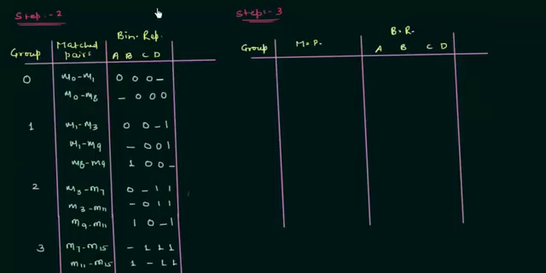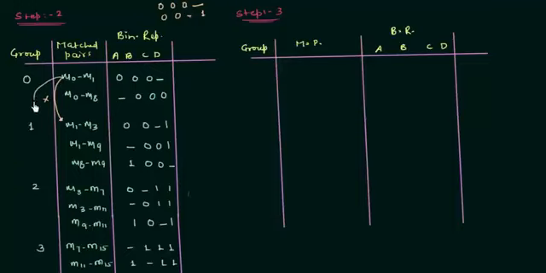M0 M1 is 0 0 0 underscore. M1 M3 is 0 0 underscore 1. So you can see that we have two variables changing, underscore 1, 0, underscore. So M0 M1, M1 M3 is not a matched pair.